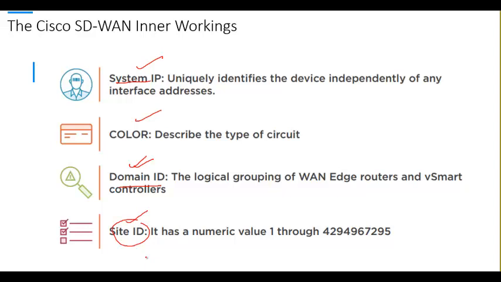Why? The site ID will also be used when you apply policy. Policies are applied to a list or a range of site IDs. So planning of site IDs is important because the site ID is going to be used along with policy. So it should not conflict with any other policy IDs or site IDs of other organizations. All right. So we stop here.